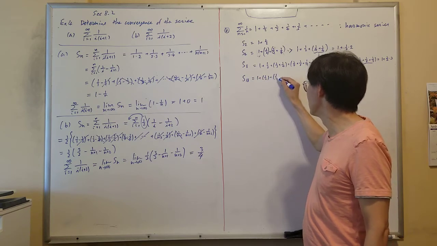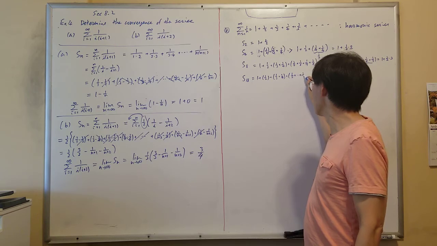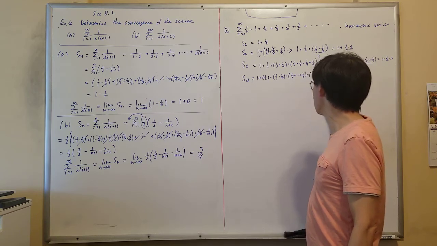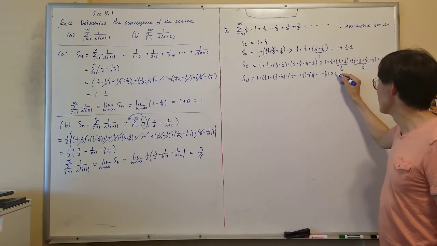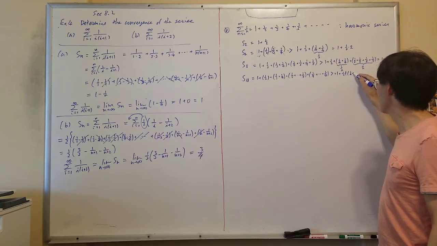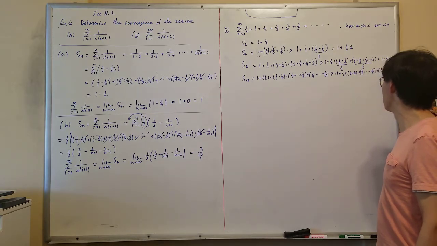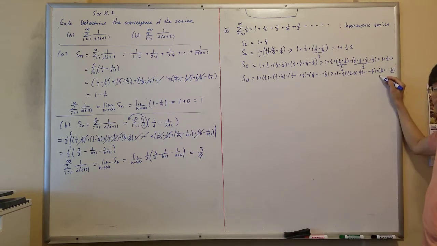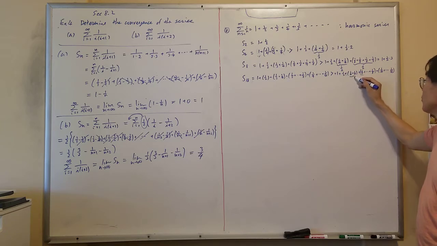S16. 1/5 all the way to 1/8, 1/9 all the way to 1/16, which is greater than 1, 1 half, 1/4, 1/4, 1/8 all the way, and 1/16 all the way. This is 8 terms. This is 2, 4, 8 terms. So this adds up to be 1 half.